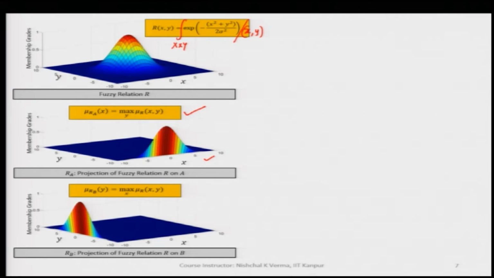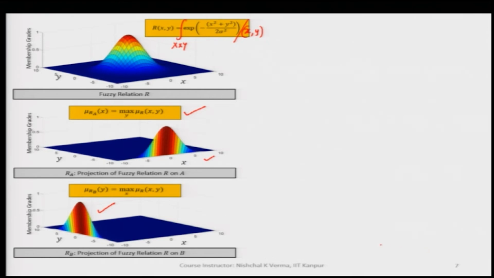So, when we project the relation fuzzy set on B, x is eliminated, meaning the y generic variable is retained. This way we get a reduced dimensional fuzzy set as a result.